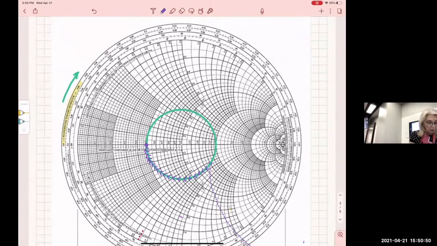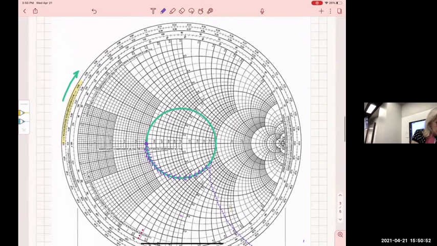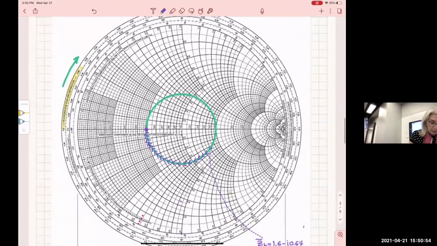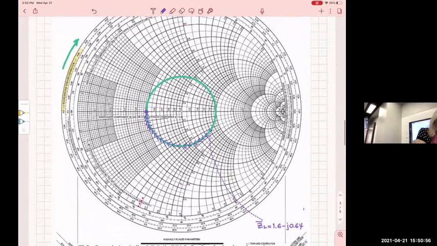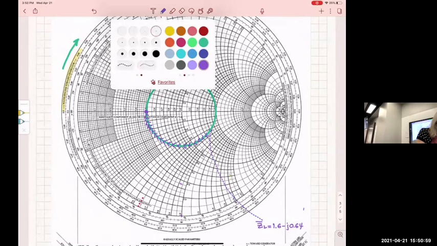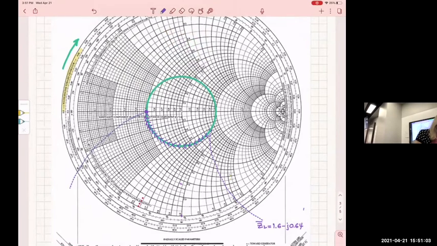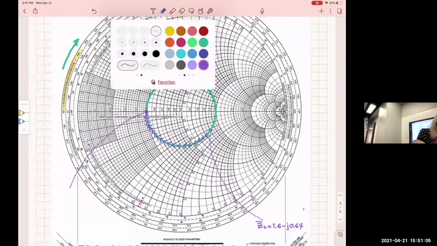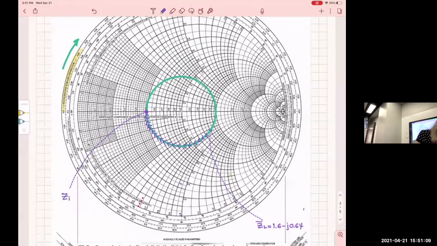Instead of going from ZL to this other point, which in fact is going to be your Z in at CC prime. Okay? So that's where I stop.